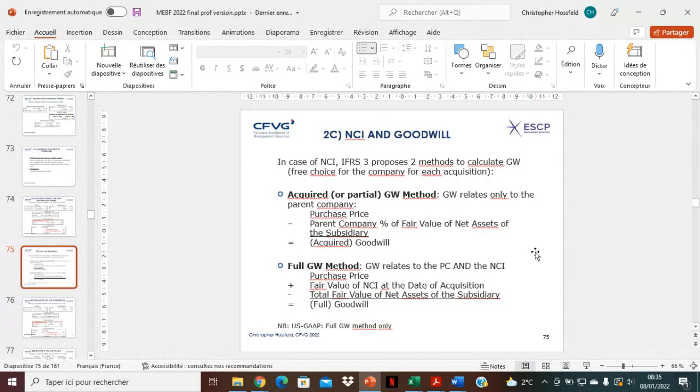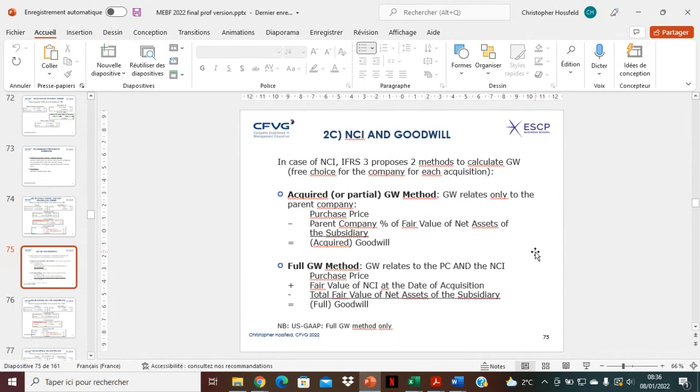Okay, so yesterday we finished the evening by talking about what happens and how I consolidate when I do not buy 100% of a company, but less than 100%, because as you remember, to control a company, it is not necessary to own 100%.